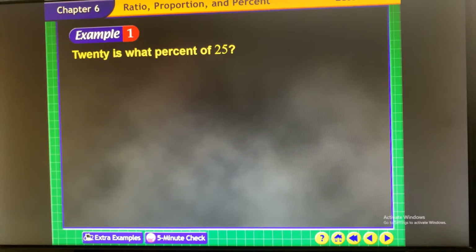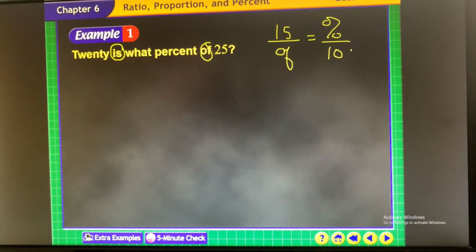So, 20 is what percent of 25? Do you see those words, "is" and "of"? Again, part over base equals percent over 100. 20 is the part of 25. I don't know the percent.